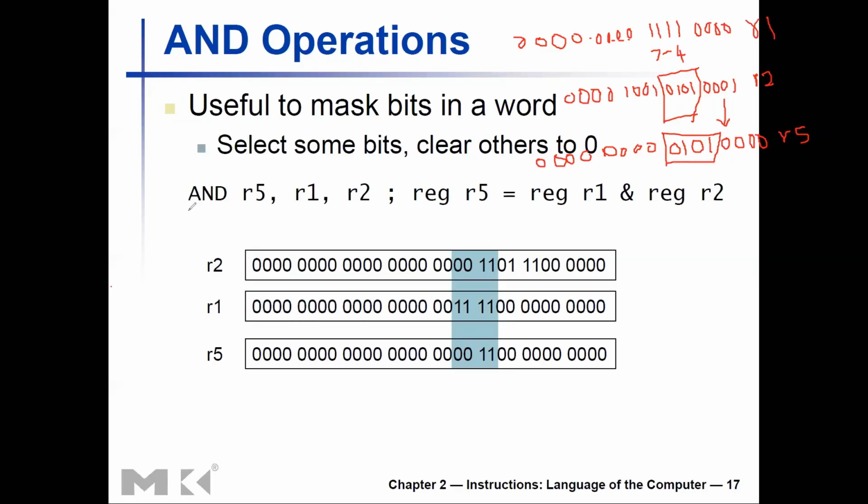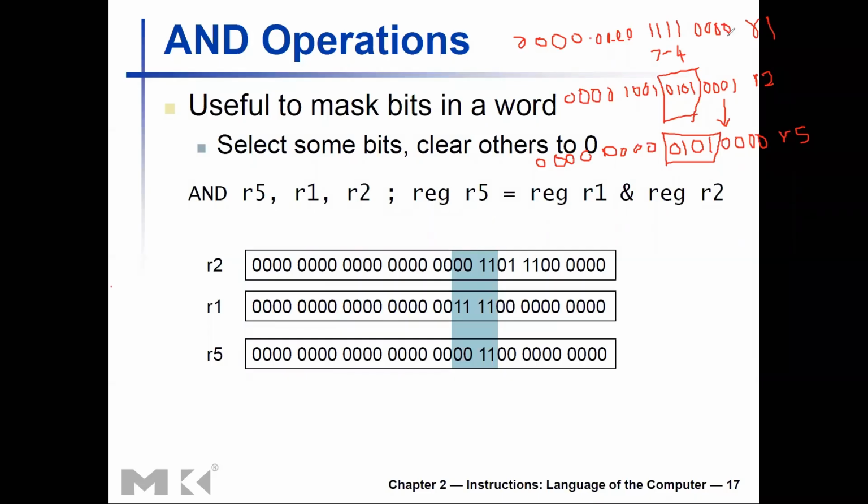And now with the logical AND instruction, you can perform bitwise AND between 2 values. That is the opportunity we have. So we can get the bitwise AND between these 2, and you can get the answer in another register, in this example R5.